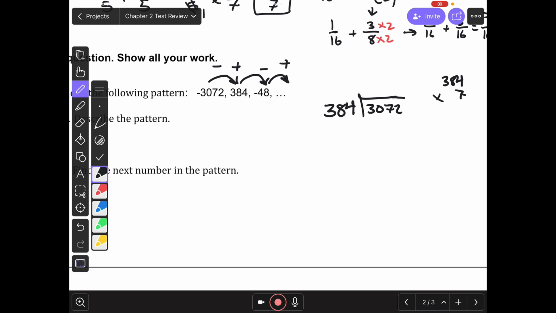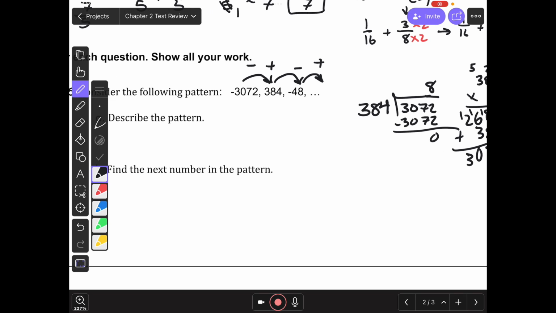I'm going to guess 7. 8 times 7 is 56, plus 2 is 58. 7 times 3 is 21, plus 5 is 26. I think I can squeeze in one more. And would you look at that? It does go in evenly. I tried 7, I needed one more, meaning this goes in 8 different times.